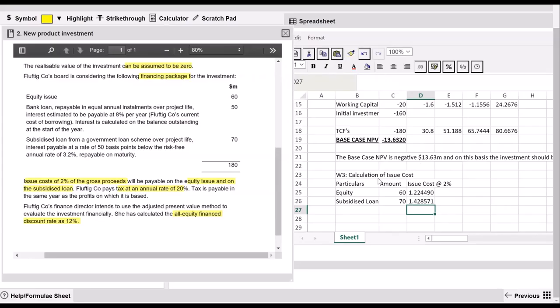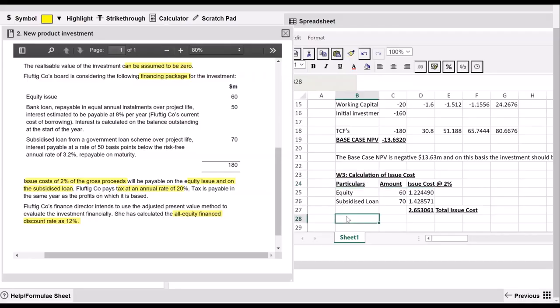So the total issue cost is going to be the sum of these, which is 2.65. Now, from the question, we've picked up this point: the issue cost is 2% of the gross proceeds.